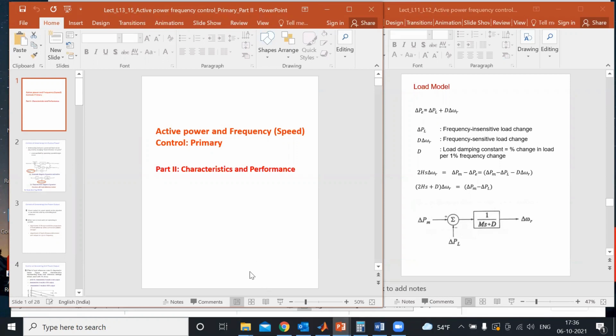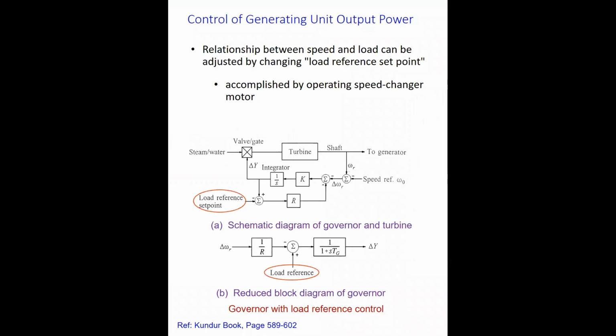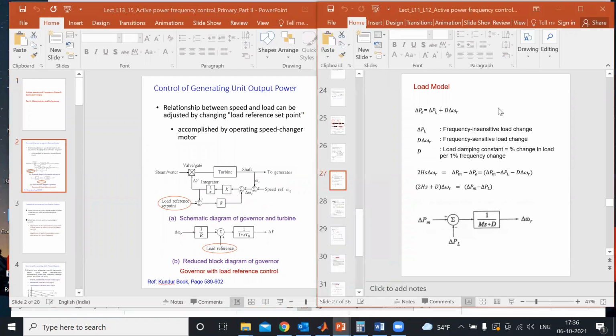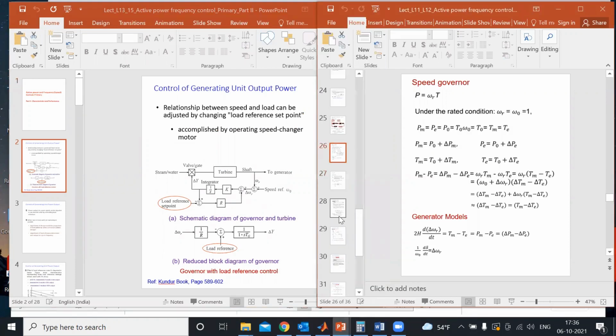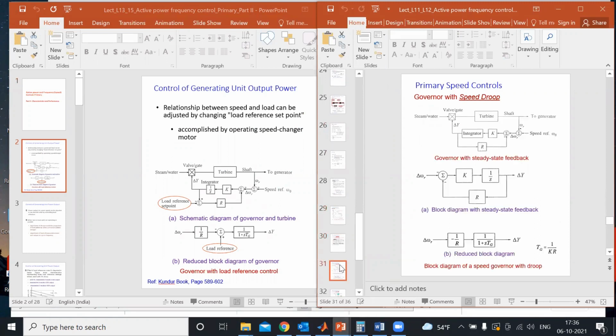And so if you recall from the previous discussion that we had in one of the lectures, this was the block diagram that we had considered for the governor with a speed droop.